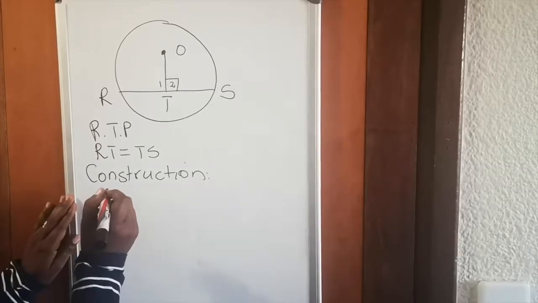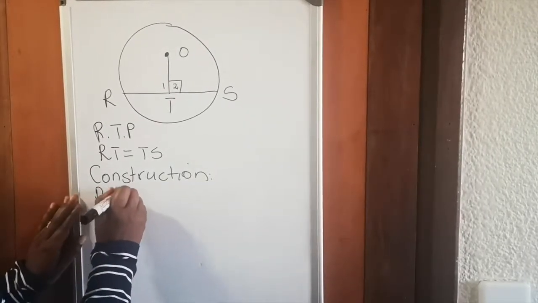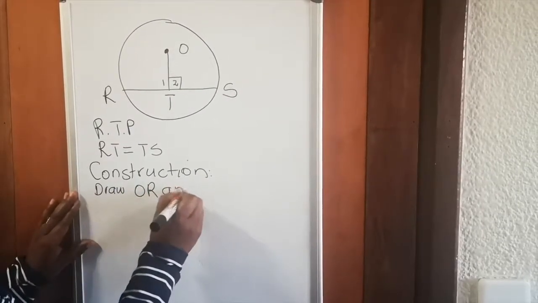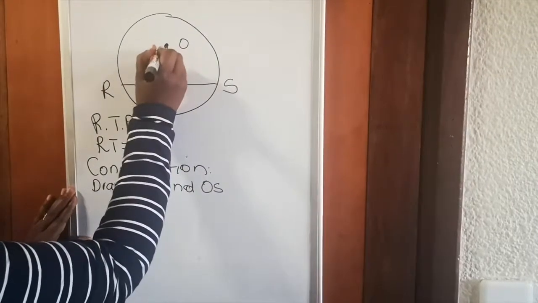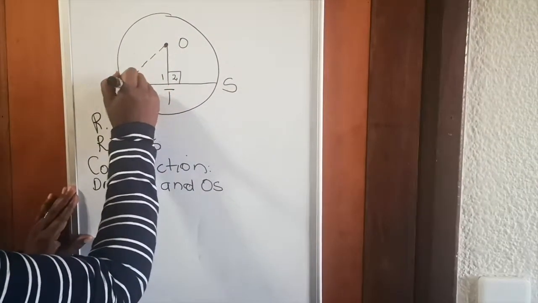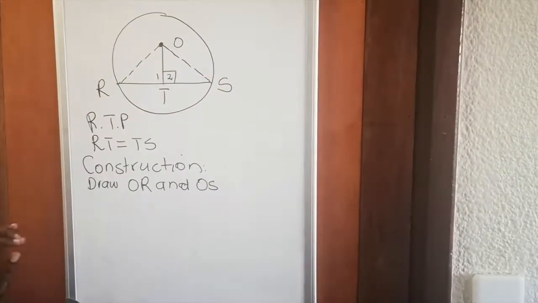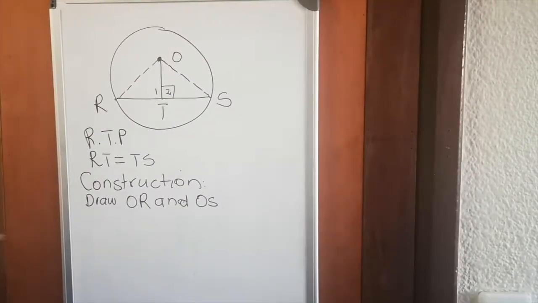In this case, we're going to draw OR and OS. Because it's construction, we're going to do it in dotted lines. OR and OS. Remember from our slide, we said that this theorem in particular is proved with congruency.